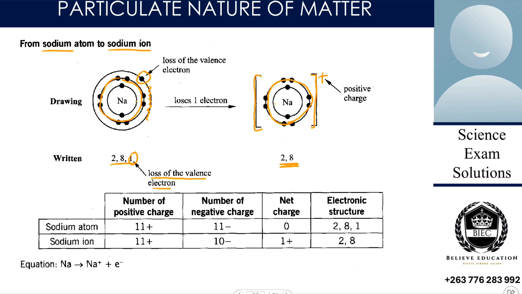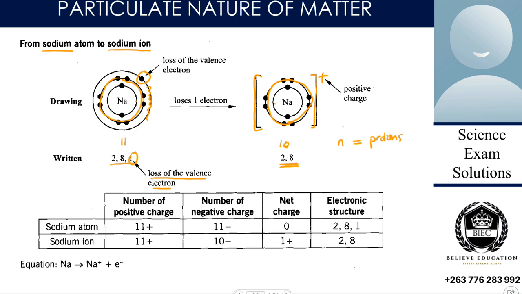Are we together? So which means kuti my number of electrons edu ava 10 but angambori 11, saka 11 to what, to 10. And so kana tabva from 11 to 10, that's the number of what, electrons. But remember isusu pane patachimbotaura kuti number of electrons is equal to what, number of what, protons. And so that only applies to what, to atoms chete.